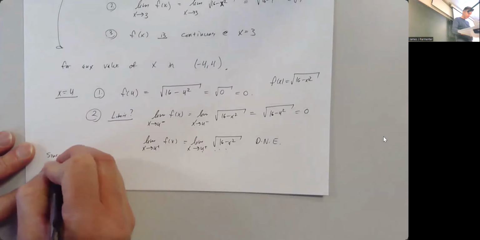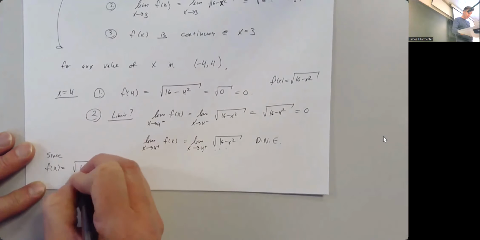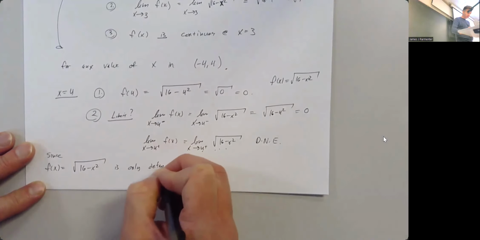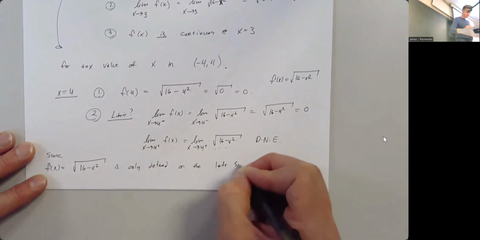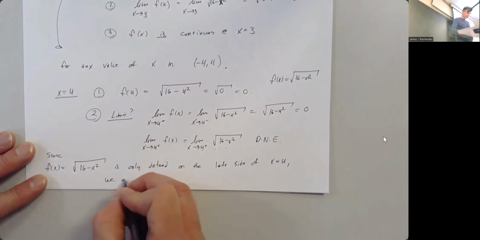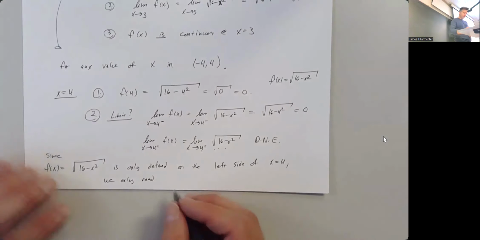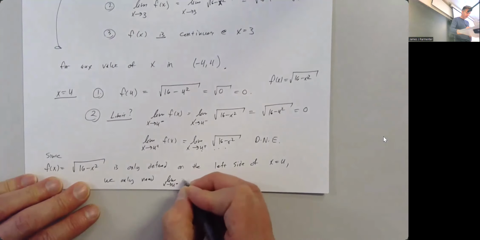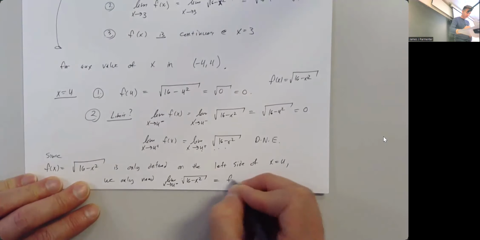Since f of x equal to the square root of 16 minus x squared is only defined on the left side of 4, we only need the left-hand limit to exist and equal the function value. We only need the limit as x approaches 4 from the left of f of x to equal f of 4.